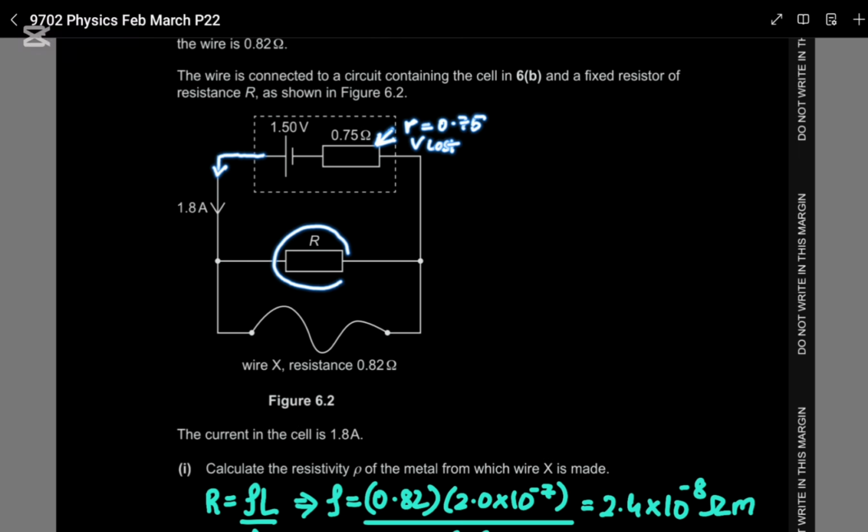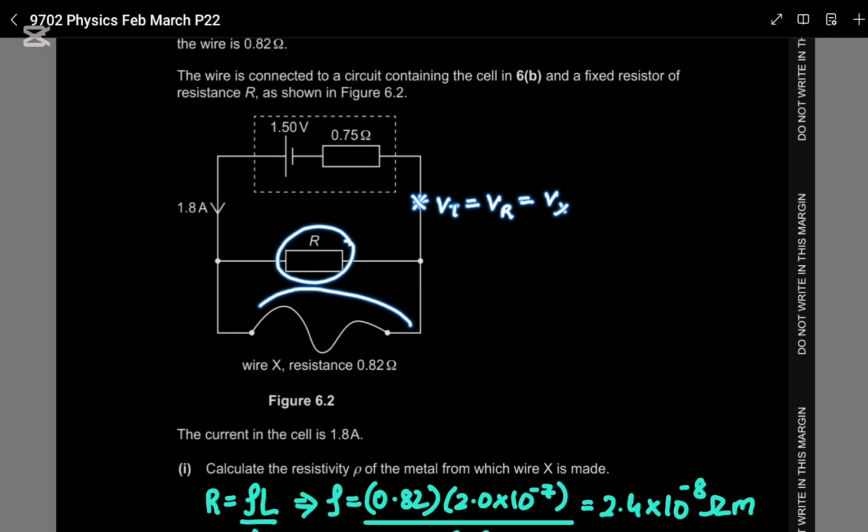The remaining volts is going to be the terminal potential difference, and V terminal is going to be V of the fixed resistor, which is going to be V of X. Why? Because they're connected in parallel, and in parallel the voltage remains the same.